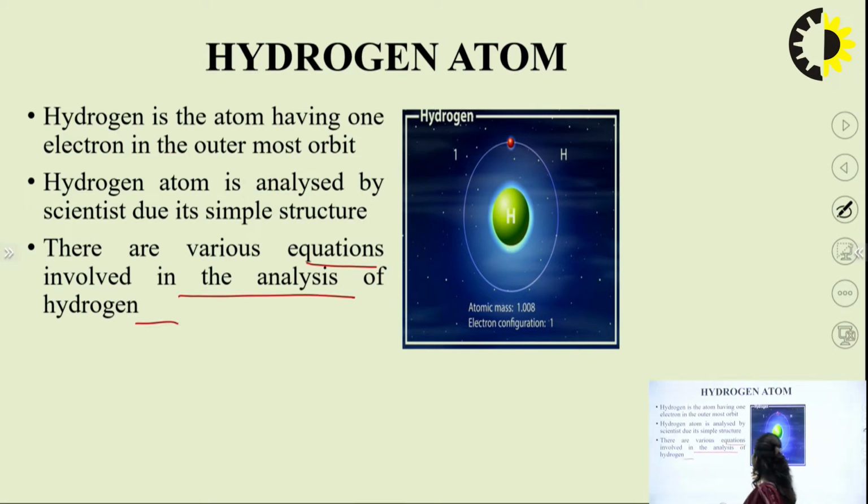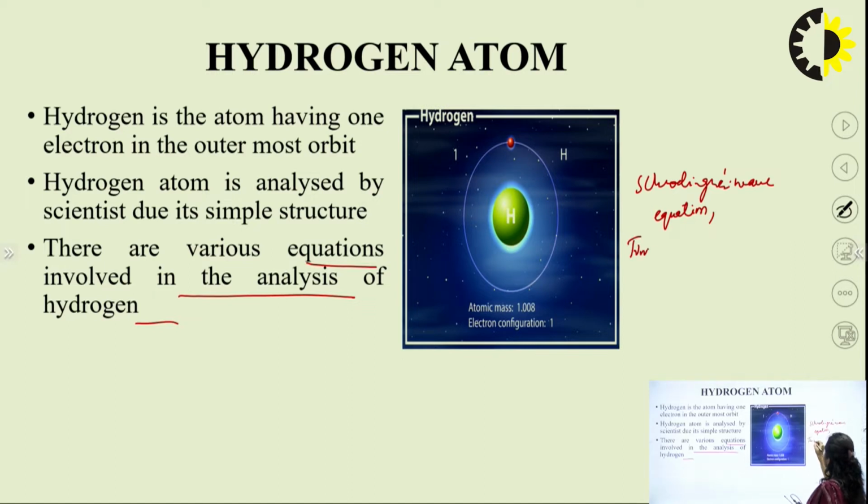We have already seen the Schrodinger wave equations in the last lecture. With that lecture we have already seen two types of Schrodinger wave equation for the hydrogen atom: time independent and time dependent.